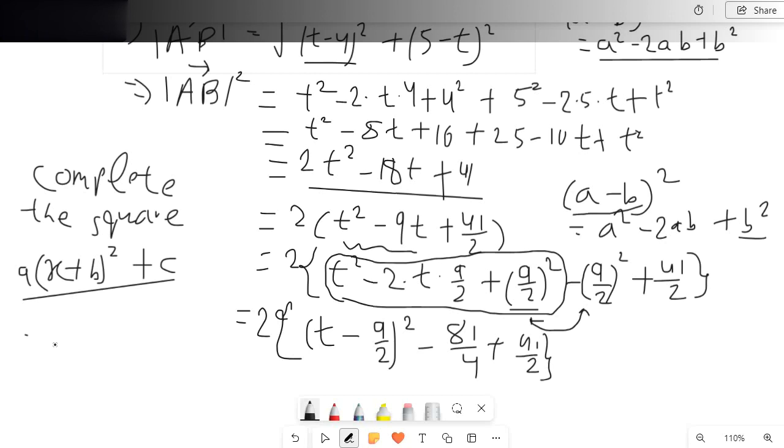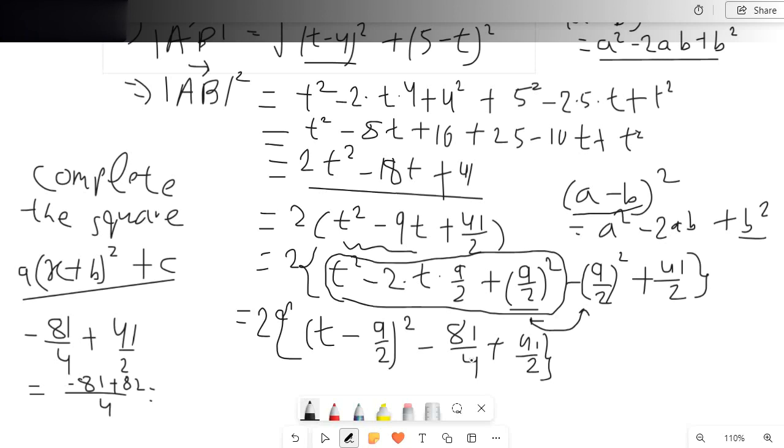Performing the fractions, we know that minus 81 by 4 plus 41 by 2 is equal to minus 81 plus 2 into 41, because the denominator is 2 and we have to make it 4, therefore we need to multiply both numerator and denominator with 2, so we should get 82 here, divided by 4, which is 1 by 4.